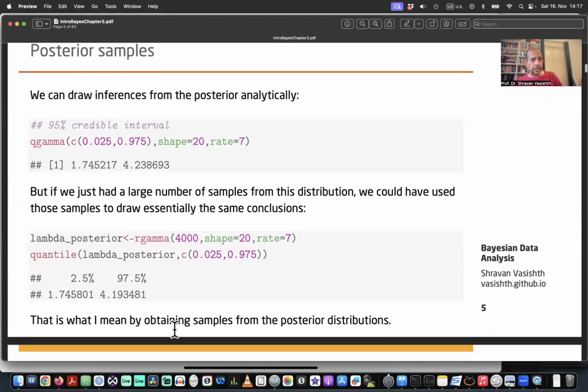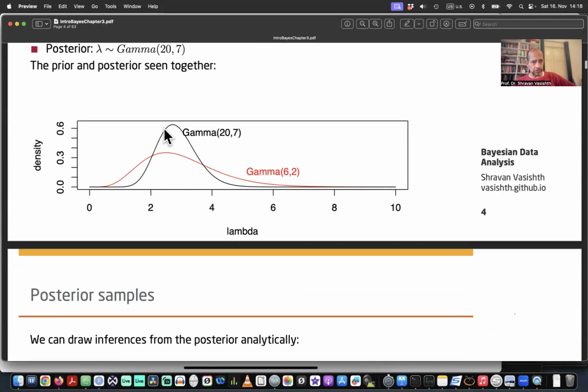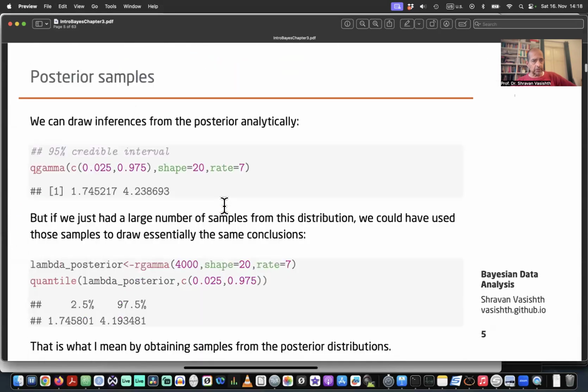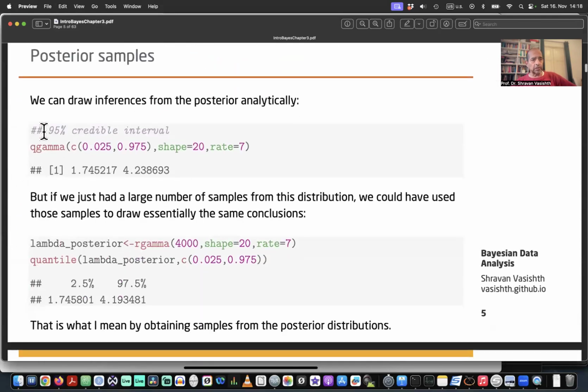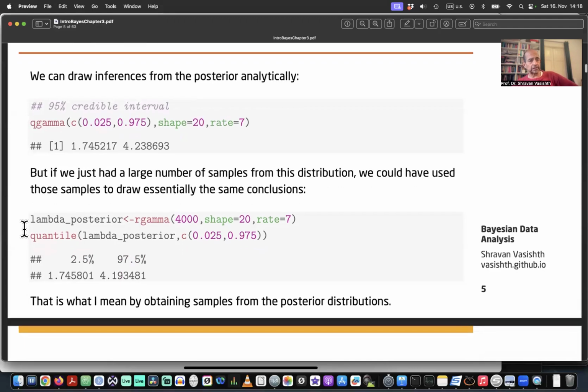And so the way I would do that is, for a particular distribution, let's say this is the posterior distribution, shape 20, rate 7. That was the posterior I just showed you here, right? So in this posterior, if I want to know what the 95% credible interval is, I just use the qgamma function and I know the range, right? This is just an analytical result that I can work out using these built-in functions.